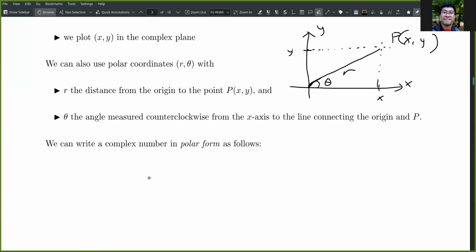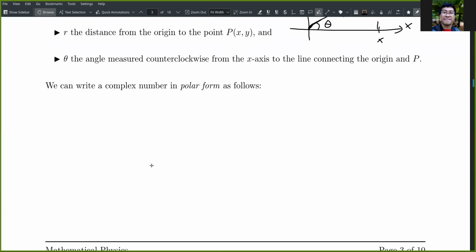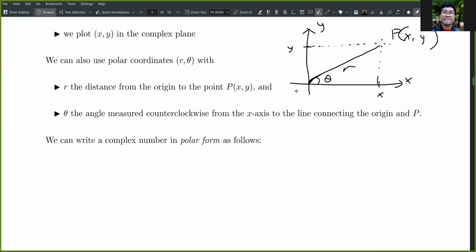We can also write the complex number in polar form. Before that, let's take note that from this diagram, x is written as r cosine theta and y is r sine theta. So this is our y.